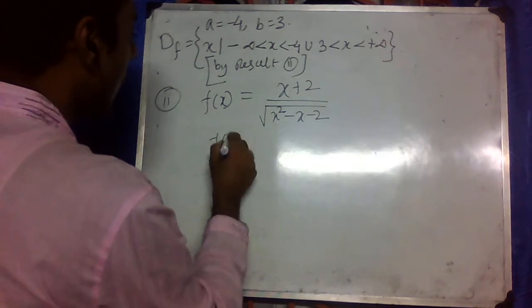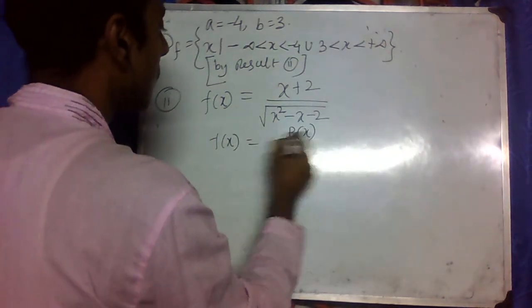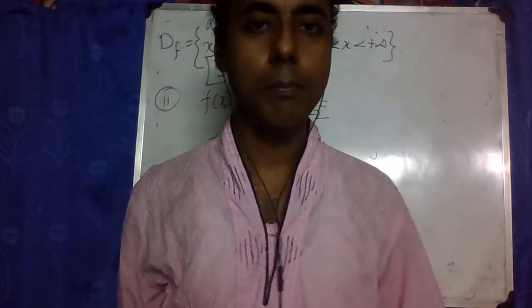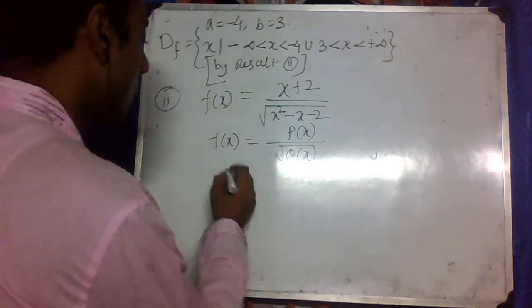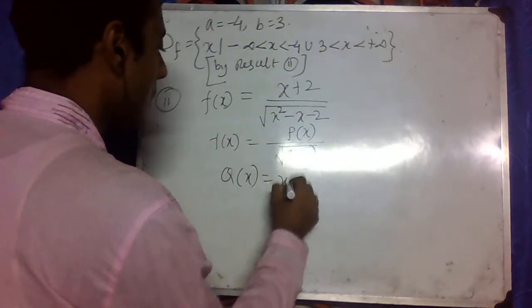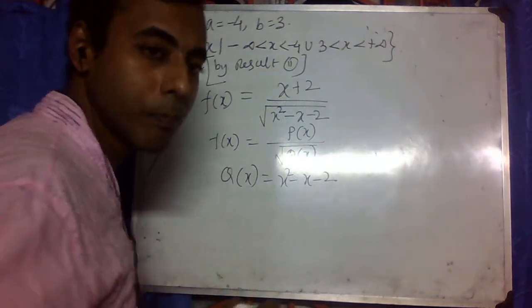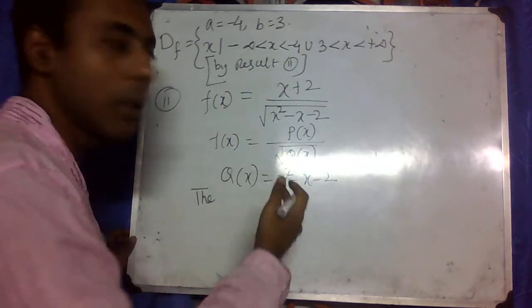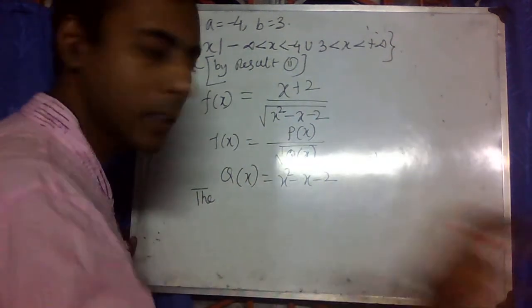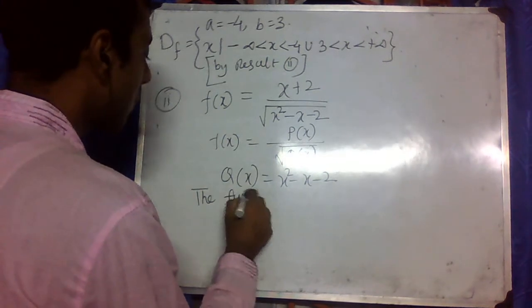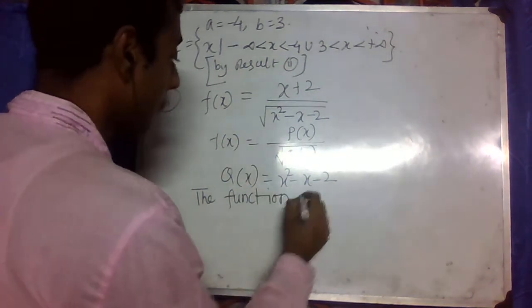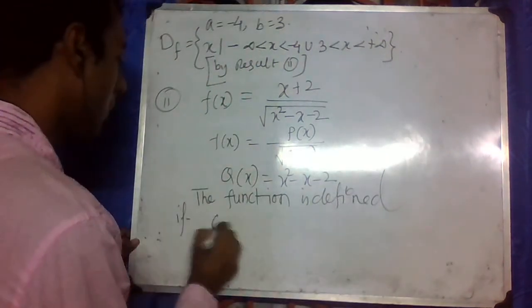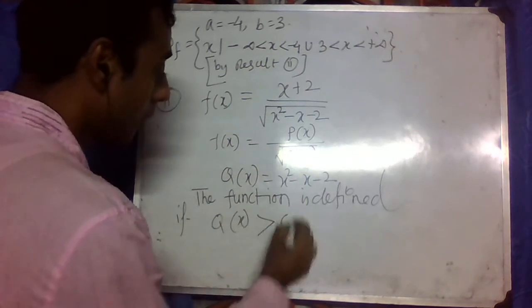Now the condition, by the table, is q(x) strictly greater than 0. The function is defined if q(x) is greater than 0.